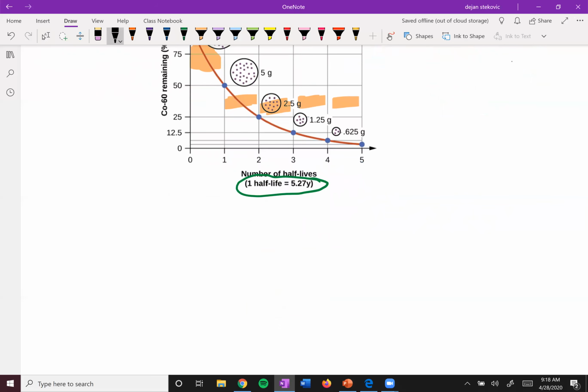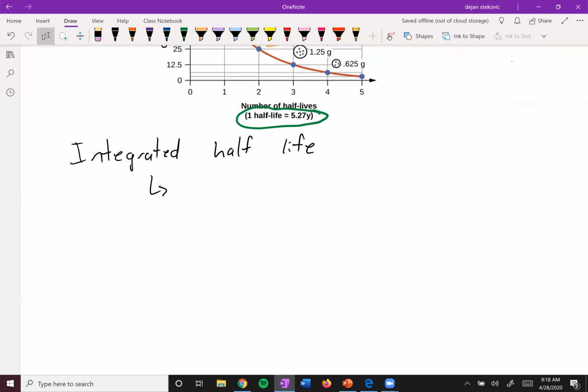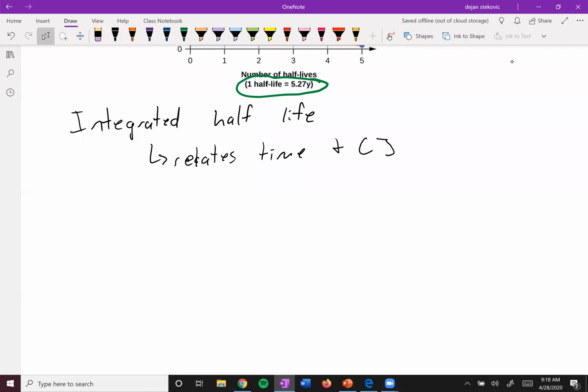Now, to solve problems and do some calculations, what we really want to look at is the integrated half-life. Remember, the integrated half-life is what's going to allow us to relate time and concentration. T1/2 here is 0.693 over k, and when we integrate it, we can move some stuff around.